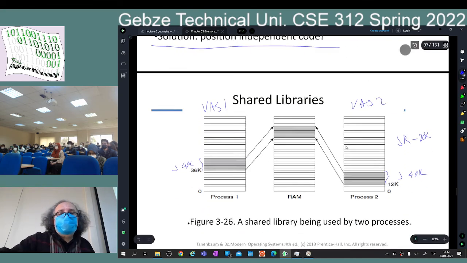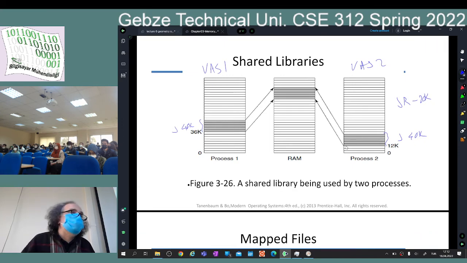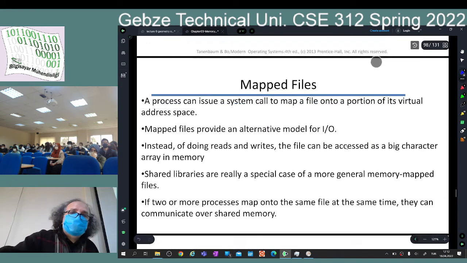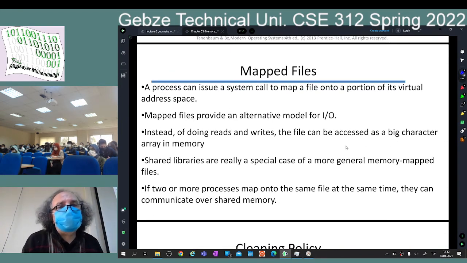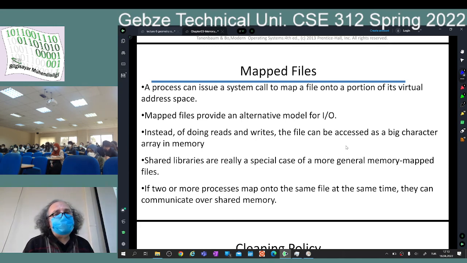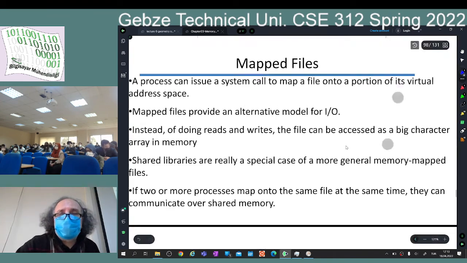Again, shared libraries is another design decision that you need to make for your memory management. Another issue that comes up most of the time is very useful features of operating systems, mapped files. Operating systems have this nice feature of mapping a whole file, a secondary storage file, to a part of the memory.